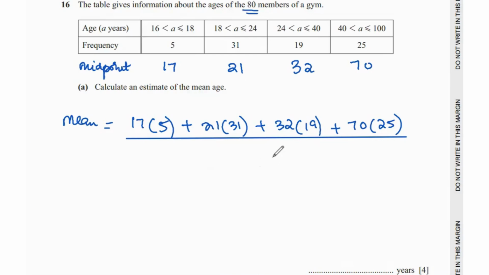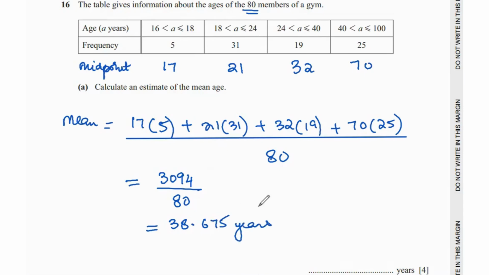That's already identified in the question. If you want to recheck, you can add all of the frequency values. So add them. That gives us 3094, and then we divide it by 80. That's 38.675. That is your estimate of the mean age.